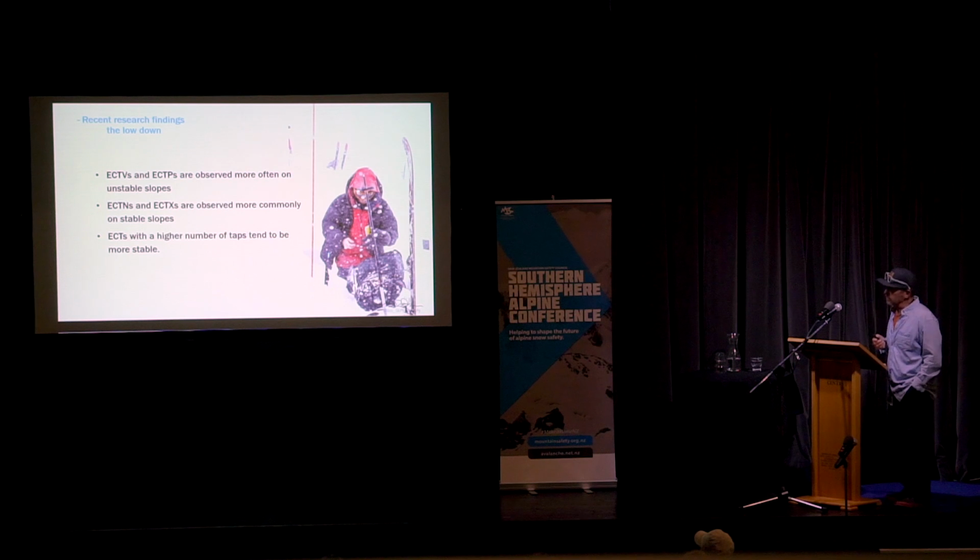ECTPs more often on unstable slopes, or ECTVs, and I'm assuming with this audience that everybody knows what these mean, but the V is very easy propagation, and P means it was positive for propagation. It just depends.